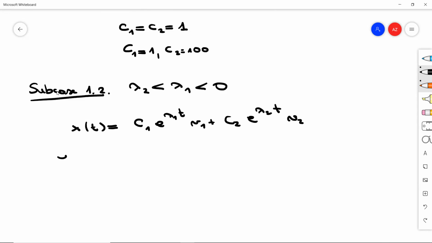And again, we would like to analyze the limiting behavior when t goes to infinity and when t goes to minus infinity. In the subcase 1.1, when t went to infinity, this vector v2 was the prevalent direction.